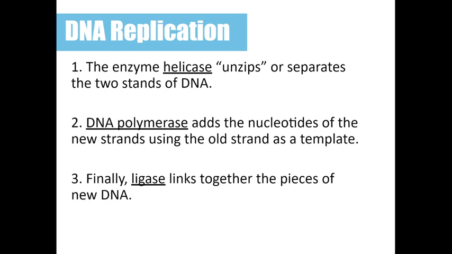Now, your DNA polymerase adds the nucleotides of the new strands using the old strand as a template, which I have some pictures that'll help make a little bit more sense. I know that's a little hard to read and understand. And finally, you have ligase, which is what is going to link together the pieces of the new DNA. So think of your ligase as the new zipper you put on that's going to put our two new DNA strands together.